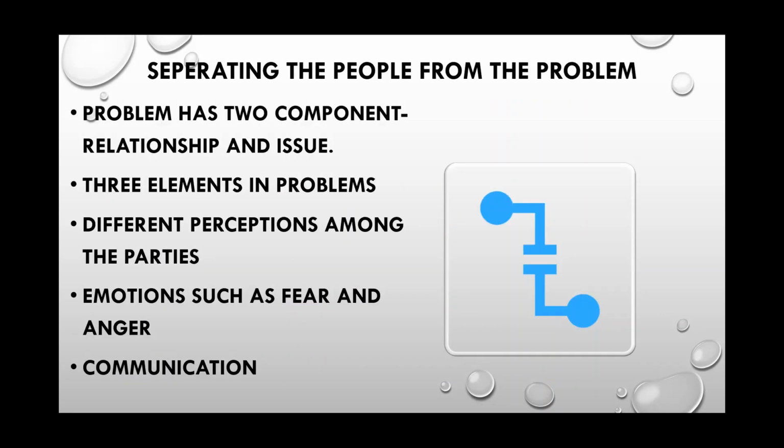First is separating the people from the problem. We should recognize that a problem has two components. First is the relationship, second is the issue. Most of the time, both the components are combined or closely bound together. The problem with people is we do not separate them.